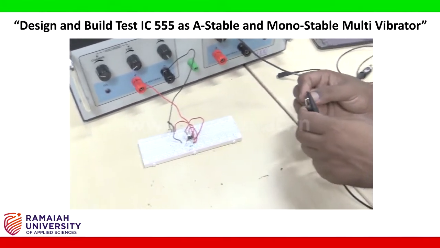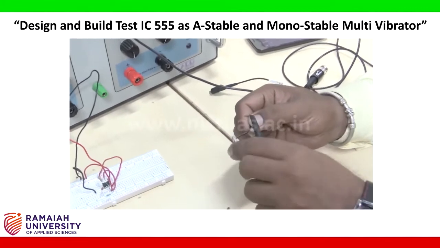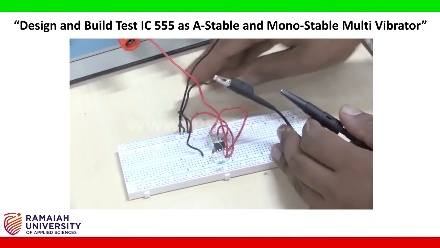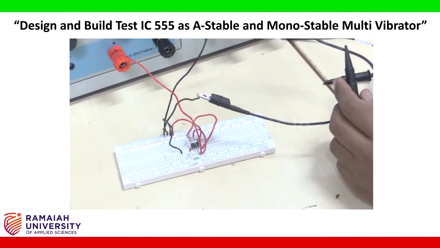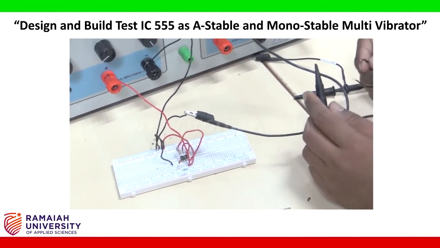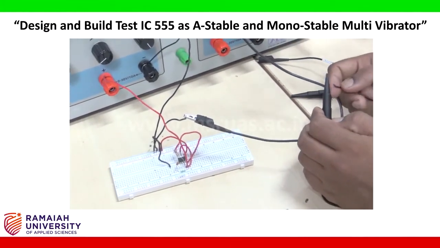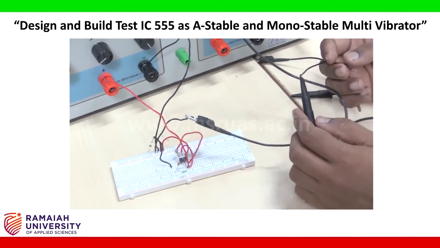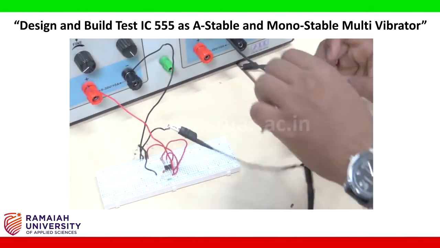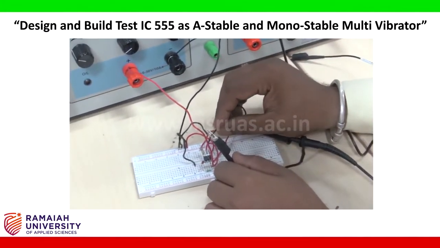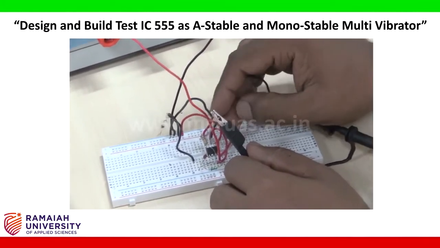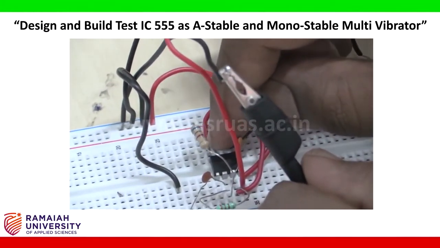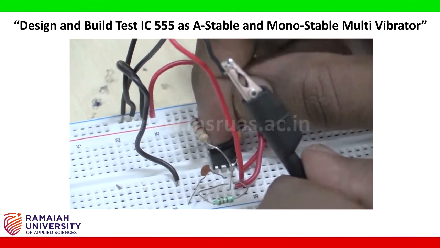The negative terminal of the digital oscilloscope will be connected to ground, and the other terminal will be connected at terminal 3 to see the output. You see where terminal 3 is? This is 1, 2 and 3. This is terminal 3. This is the output port. I connected that into terminal 3.